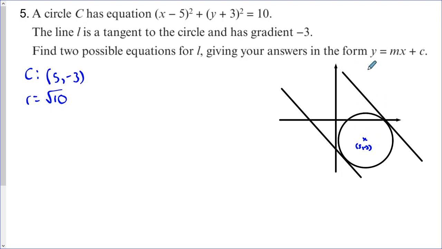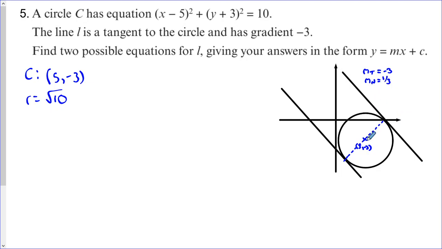Okay, all I know then is that the gradient of the tangents is -3. The consequence of that, though, is that I know the gradient of this normal line is 1/3.